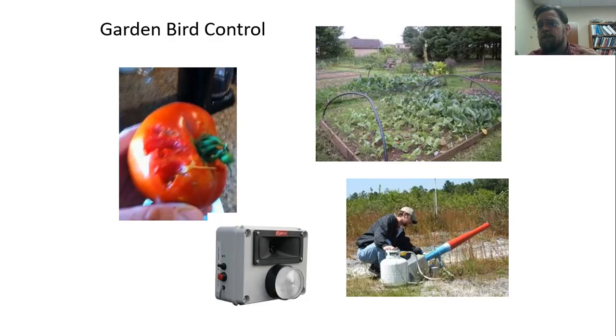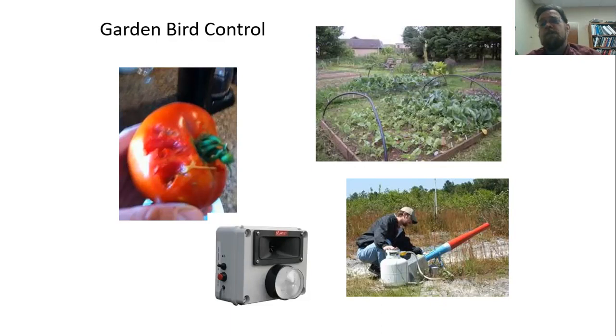Reflective tapes and even reflective pie plates that can hang from areas near the garden can discourage some birds. The trick with that is that the movement and the shifting light is kind of what they find offensive and don't want to be near.